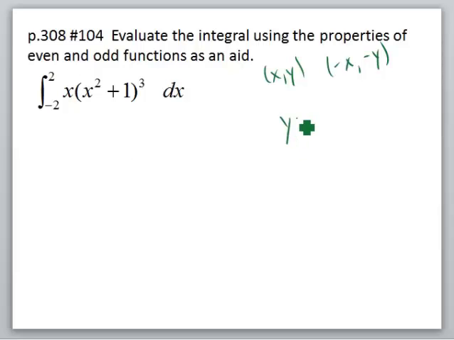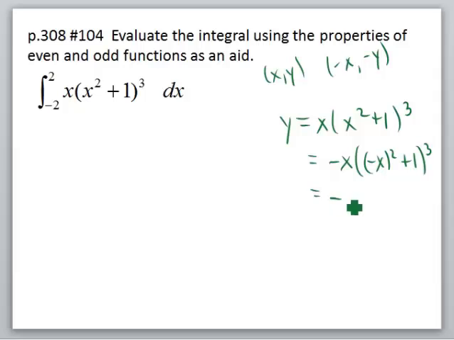We'd have y equals x times x squared plus 1 cubed. So what I want to know is if it actually equals the negative part. So I'll put a negative x in for all my x's, and I'll simplify this, and I get negative x times x squared plus 1 cubed. So what I actually ended up with was the negative y portion of it, so it was negative on both sides. So I know it's symmetric about the origin.